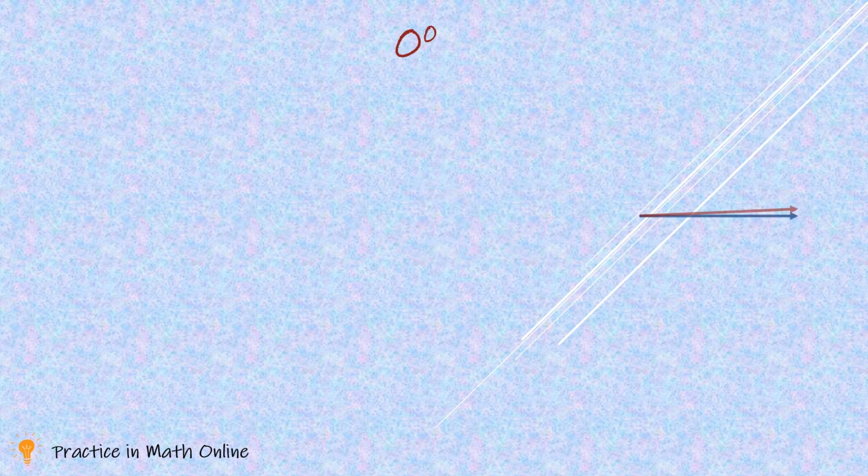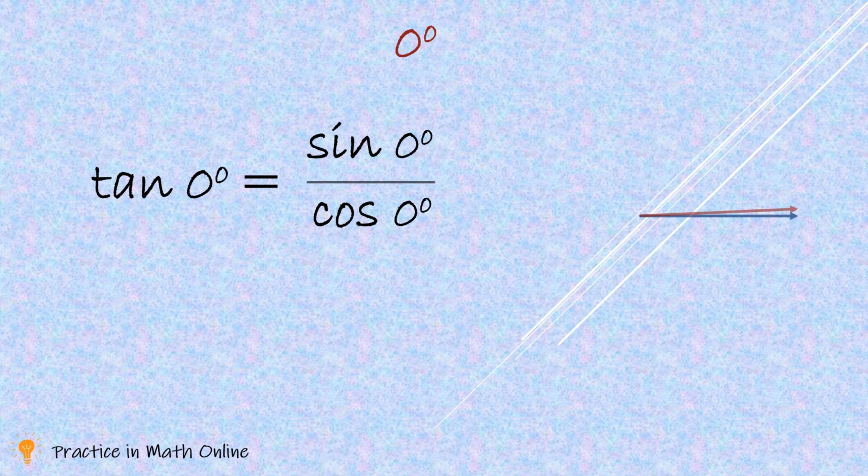So we'll start with 0 degrees first and we will use the relationship between the three trigonometric functions to find the values of tangent. So tan of 0 can be written as sine 0 degrees over cos 0 degrees. And as we have seen earlier in this video, sine of 0 is 0 and cos of 0 is 1.